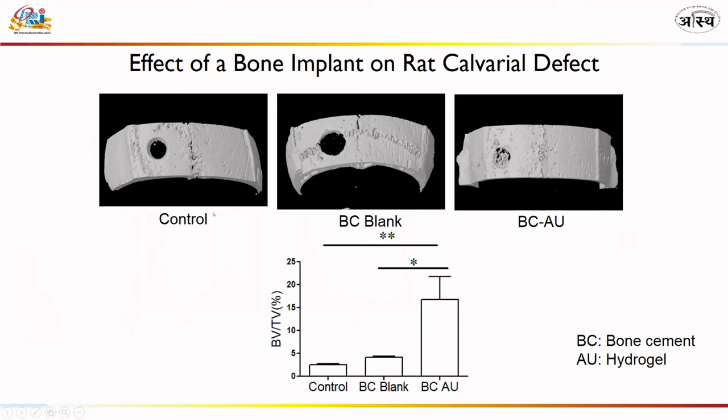The good part is that you can do live animal scanning. We saw that the bone cement containing hydrogel had significantly filled up the drill hole, showing that a strong bone regeneration response was obtained.